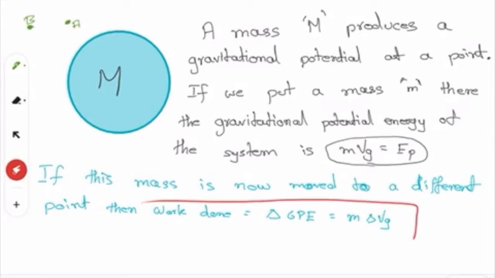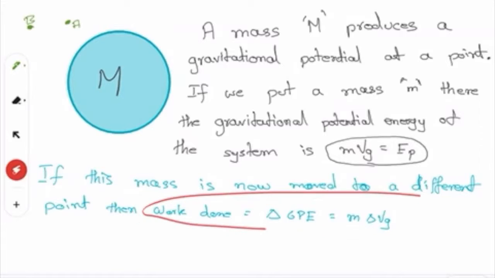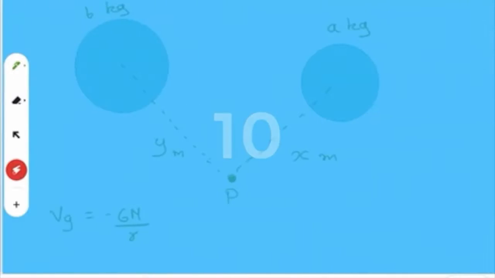Right, so work done equals change in gravitational potential energy, which is the same as mass times change in gravitational potential.